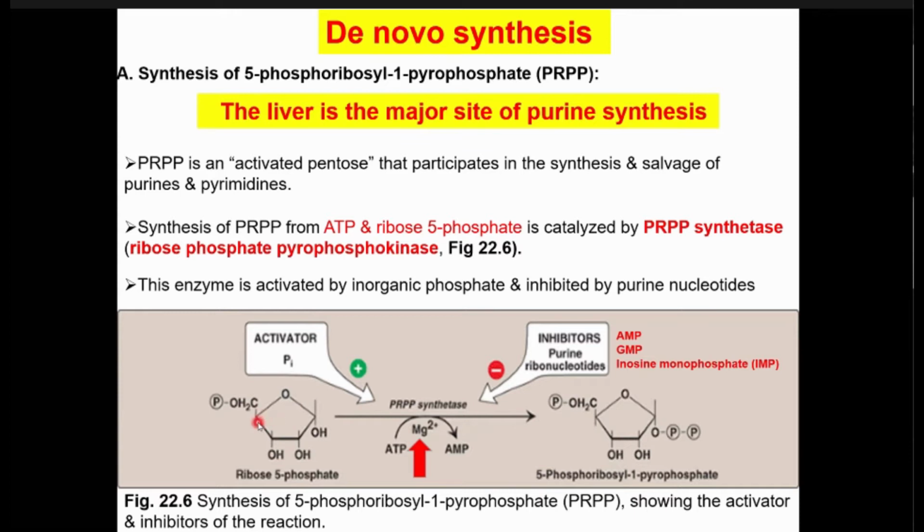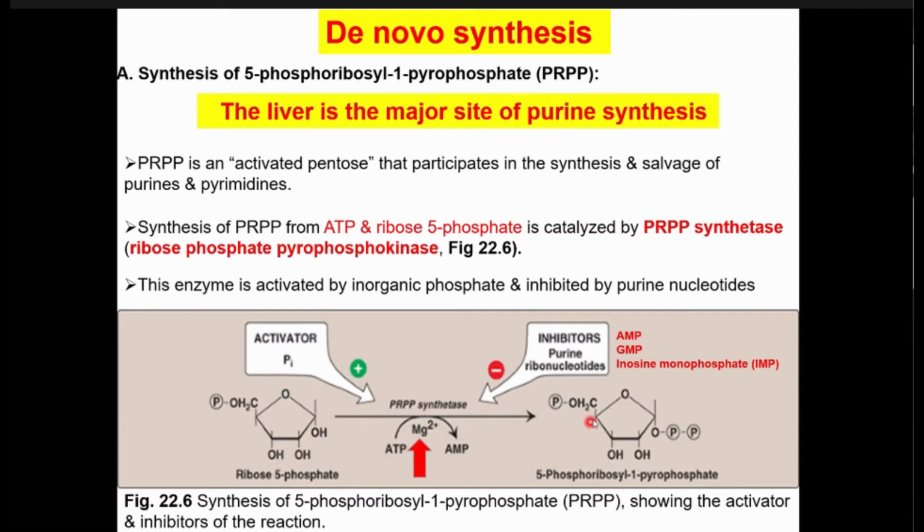You see, this is number 5, that's why they call it ribose 5, the position 5 phosphate. When you have 2 phosphates together, you call it pyrophosphate. Pyro means 2 phosphates.